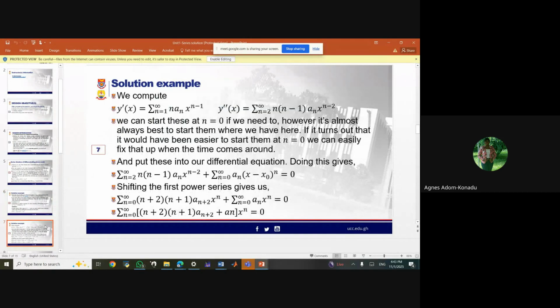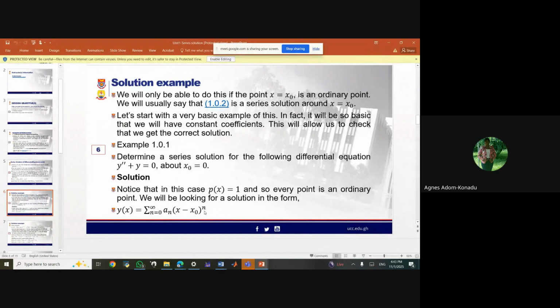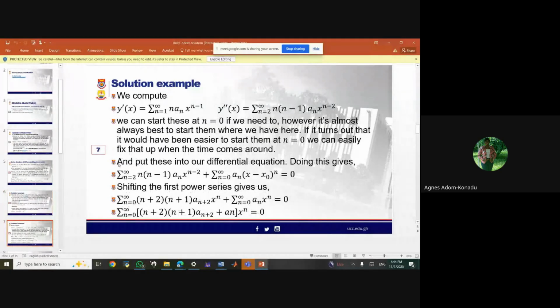You should be able to do that. You just drop this n here, then a sub n into bracket (x minus x naught) to the power n minus 1. So that would be the first derivative.